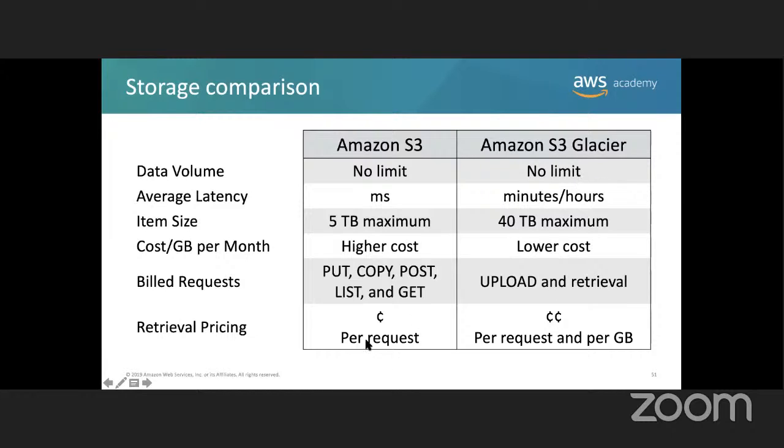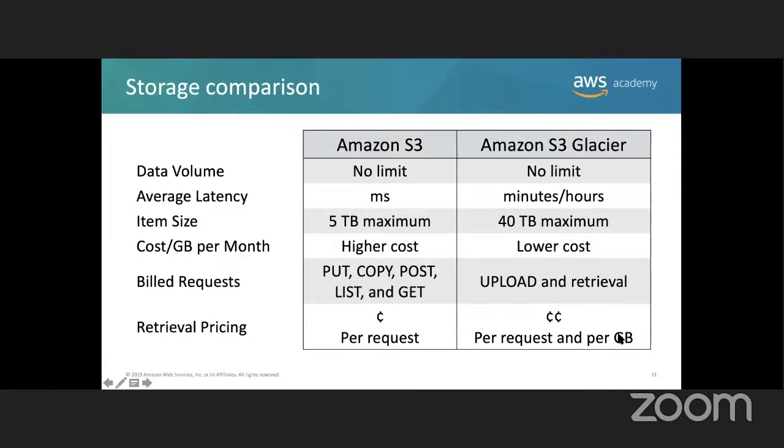This is per request and per gigabyte. That's why it's more expensive. So you're retrieving it, and this is one retrieval. It's going to cost you, but how much are you retrieving? You're going to be charged for that too.